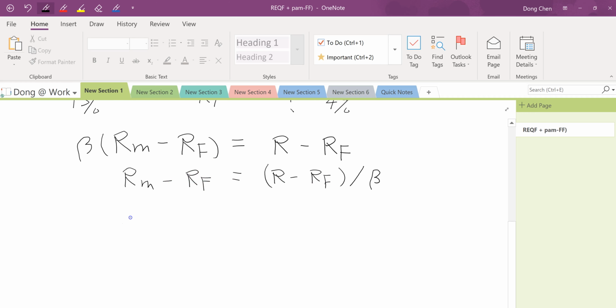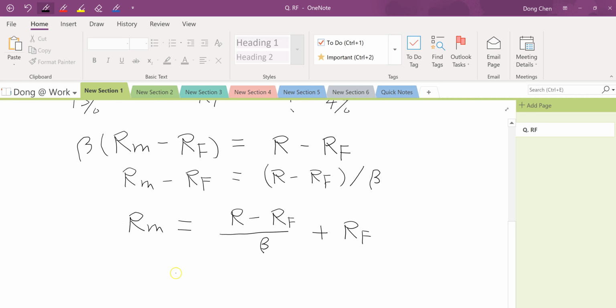Hence, I can solve for R_M. R_M equals the whole thing plus R_f.